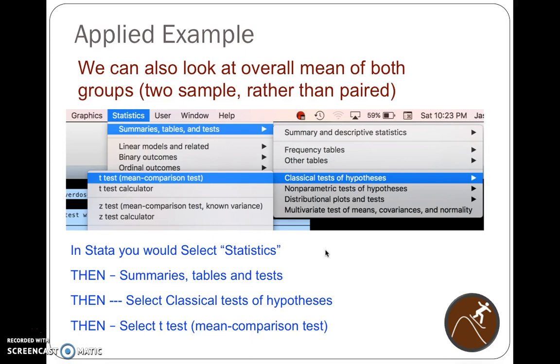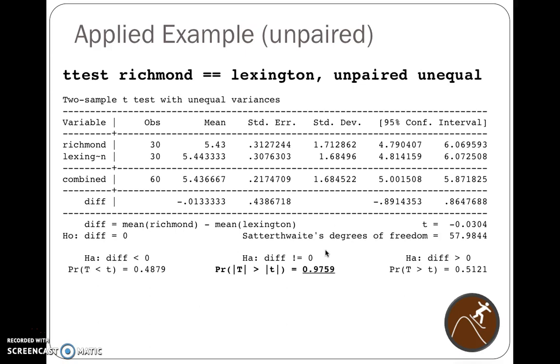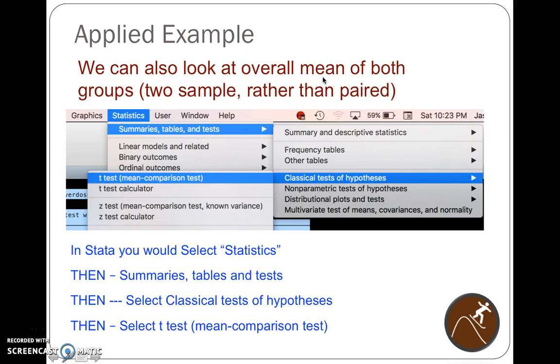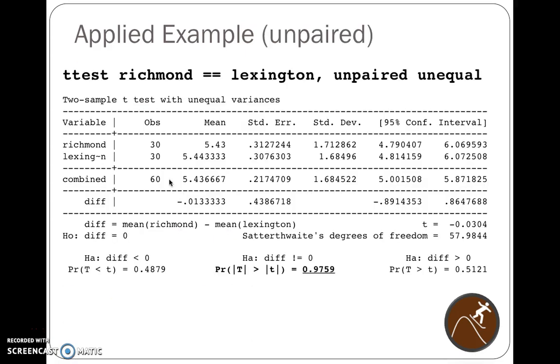If you wanted to look at the overall mean of both groups, you could do the two sample rather than the paired test. And it doesn't really matter. You can go to the t-test calculator like before, and then just click on whichever one of the two sample tests you want to do. You can do it by group.